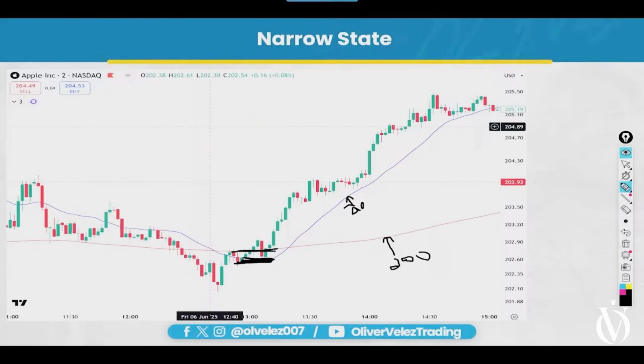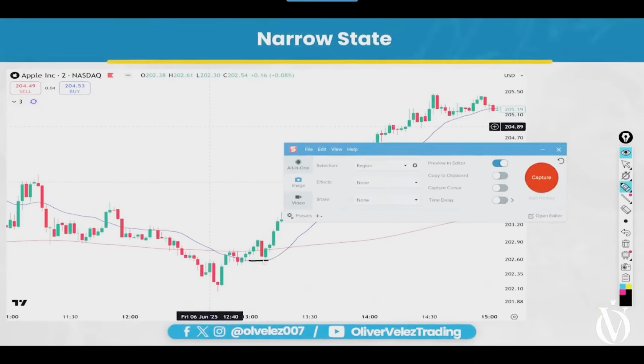You see those 2 moving averages? Here's the 20-period moving average. It doesn't have to be exactly flat, but it's relatively flat here. And here's your 200 close, relatively flat. They do not have to be kissing. They do not have to be touching. They just have to be close. This is my narrow state.